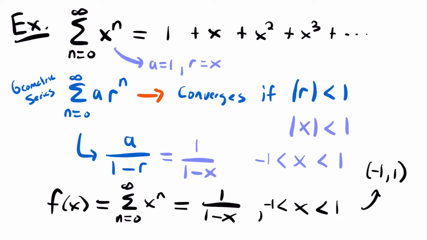Okay, and then one more thing to point out here is if you go back to our original power series, note that we would say that this power series is centered at 0, right? Because we just have x raised to that power of n. There is no constant being added or subtracted to x, and so it's centered at 0. And what I want you to notice about this interval is that that value of 0 that our power series is centered at is in the center of this interval, right?